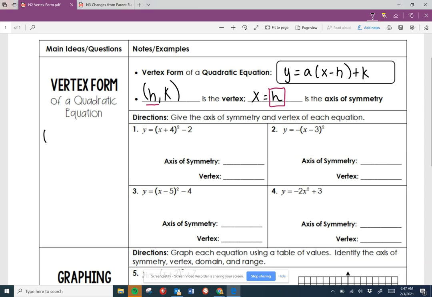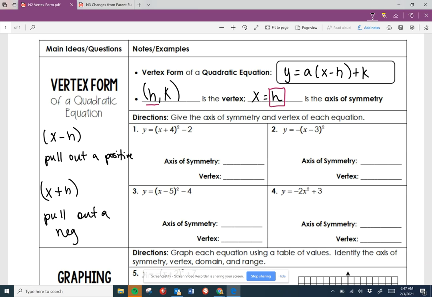If it says x minus h, we pull out a positive. If it says x plus h, we pull out a negative. So you're going to have to remember that the h is flipped.